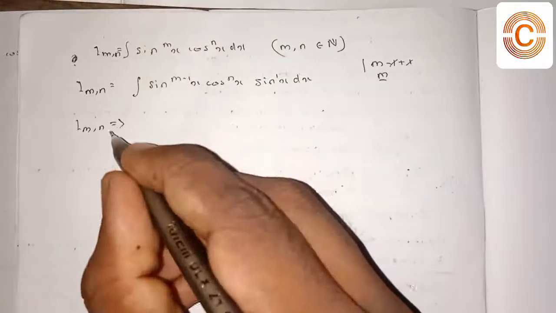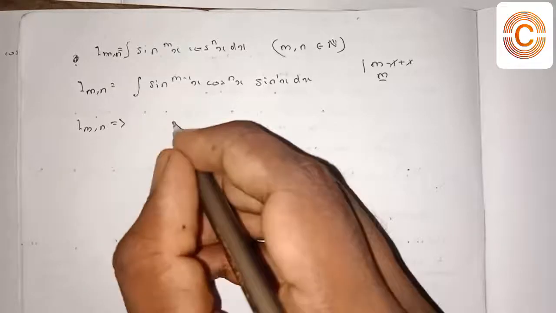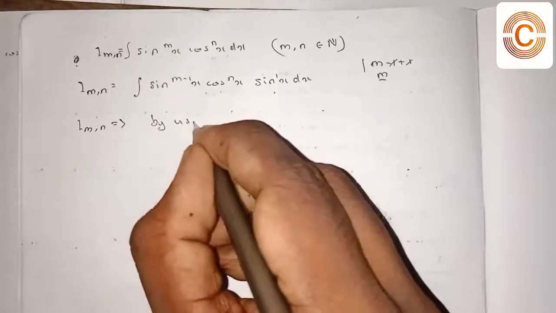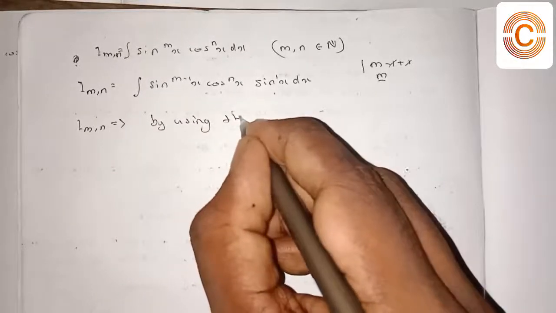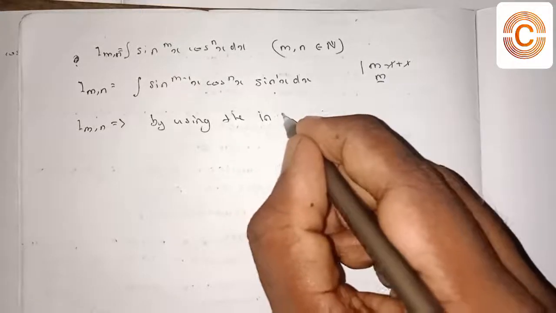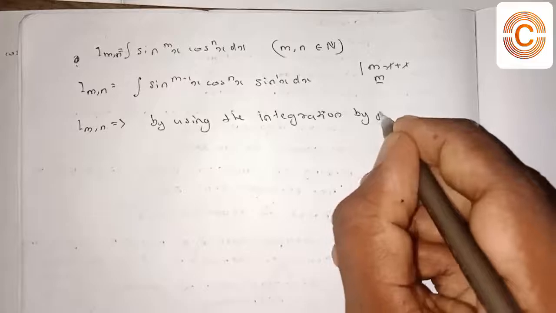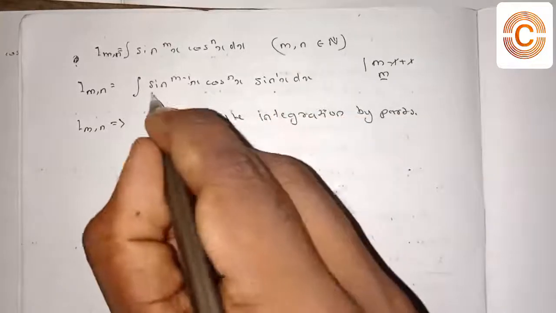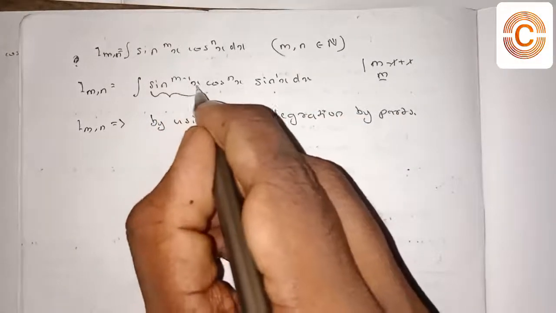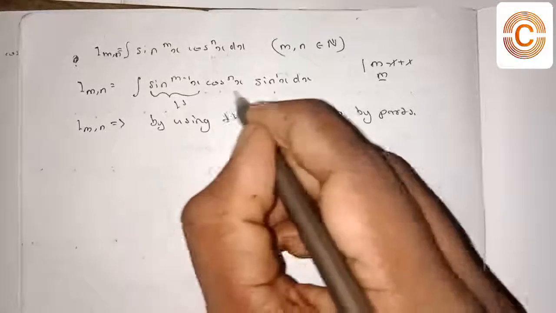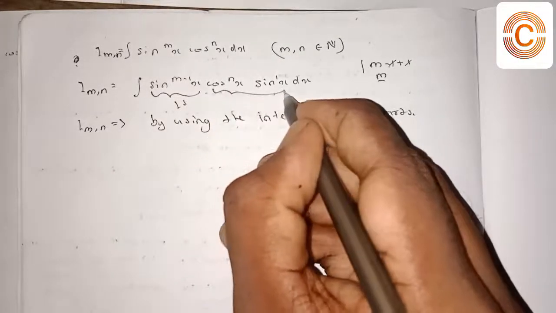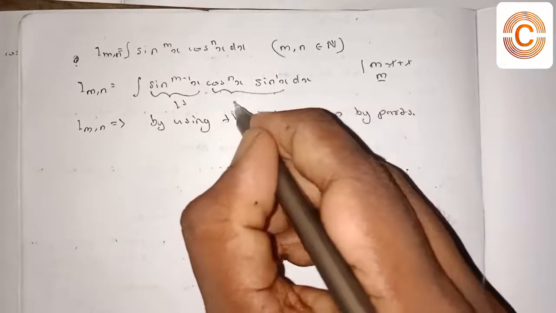So in the next step, I m comma n, by using integration by parts. Note here that we put sin raised to m minus 1 x as the first function, and cos raised to n x sin x as the second function.